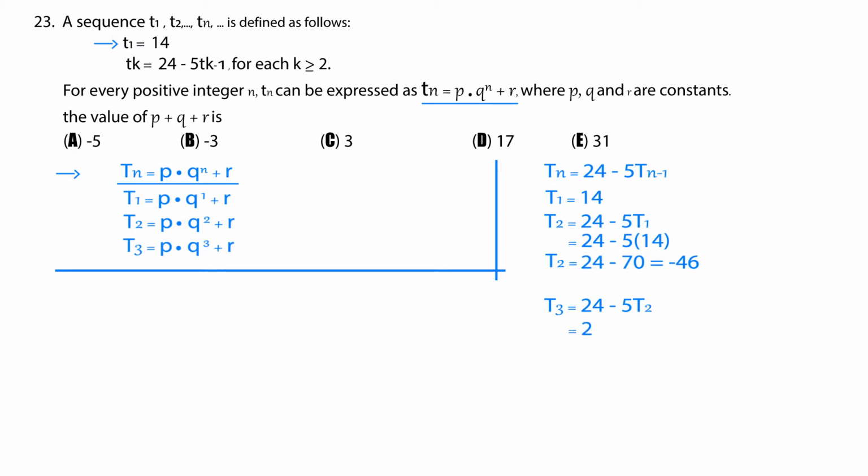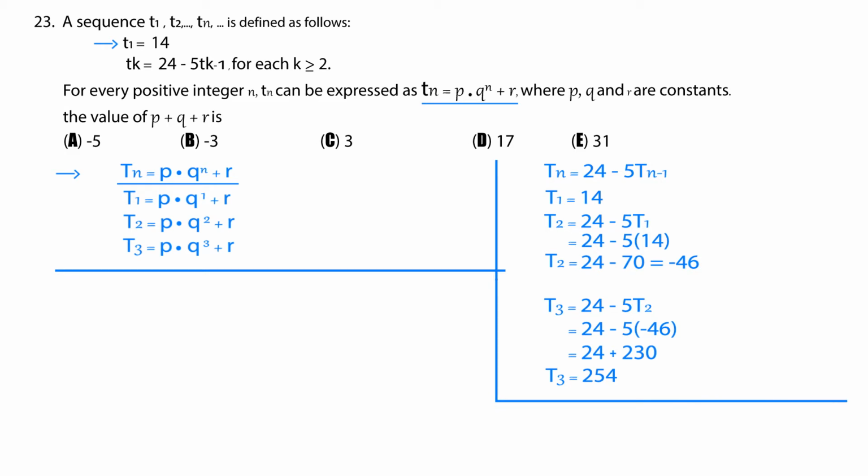So 24 minus 5 times minus 46, and therefore 5 times 46 is what, 230? Yeah, approximately 230 plus 24, so this looks like 254 for t3.